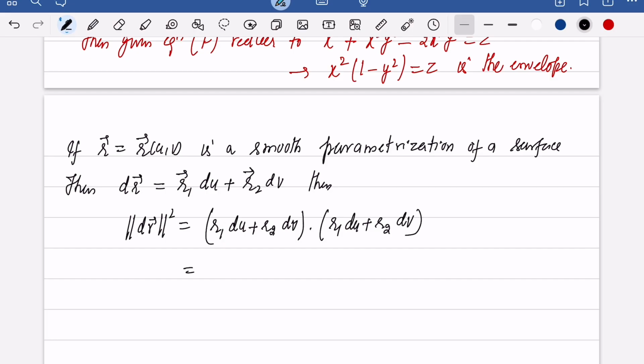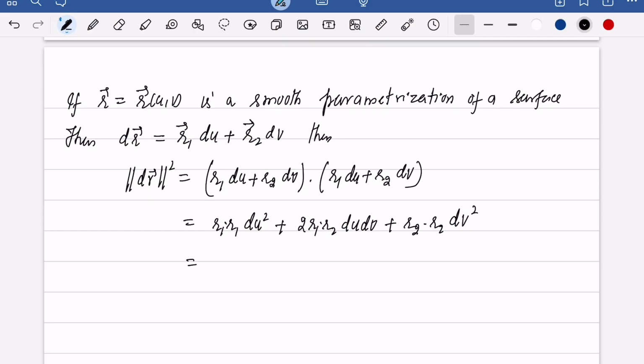Simplifying, this becomes r1 dot r1 into du square plus twice r1 dot r2 du dv plus r2 dot r2 into dv square.